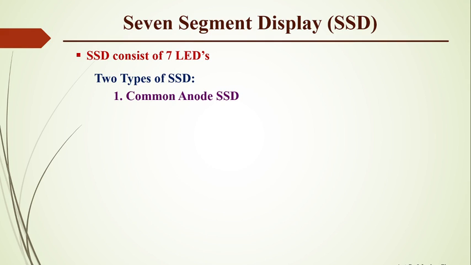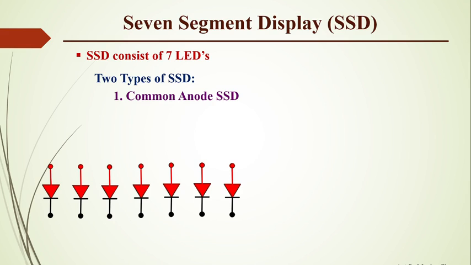The first one is a common anode SSD. As this SSD consists of 7 LEDs, these are the 7 LEDs. In a common anode SSD, all the anodes of these LEDs are connected together and given to the plus 5 volt supply, and all the inputs, that is A to G, are connected to the cathodes of these LEDs.